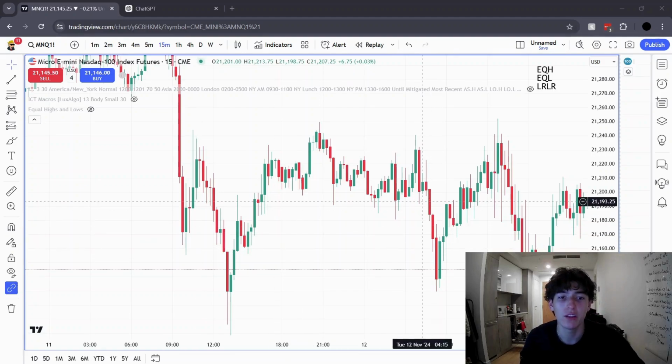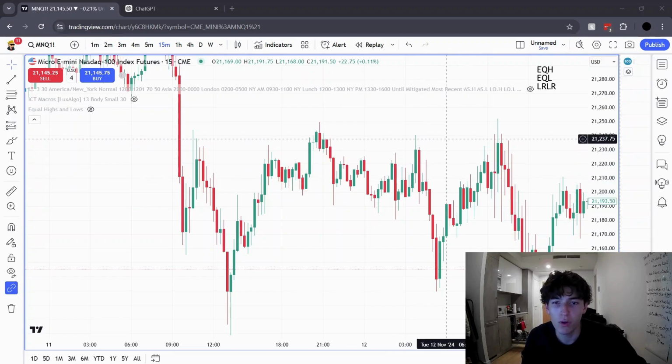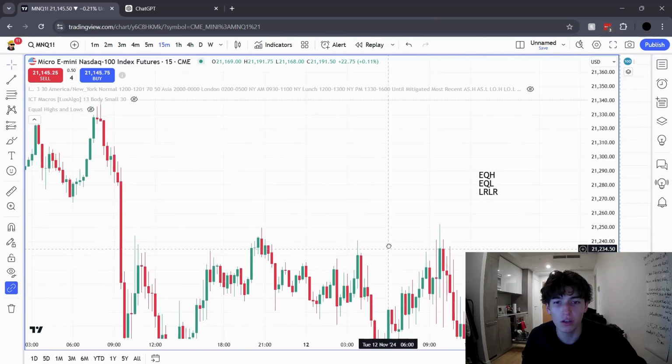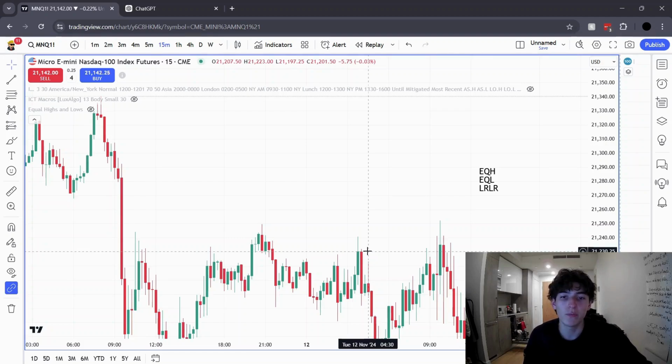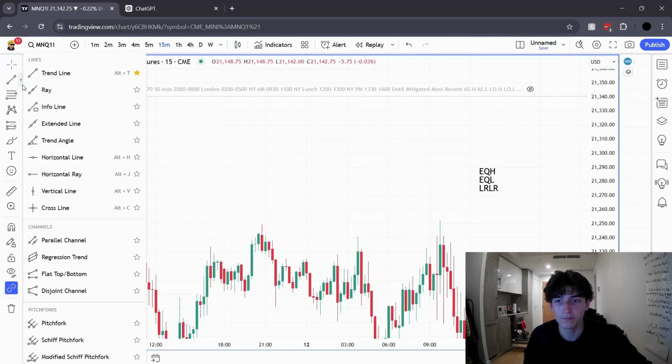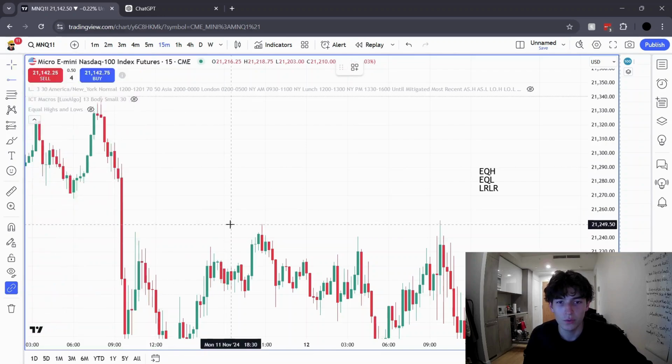Now, liquidity can get a bit confusing to fully understand, and that's why I recommend you just focus on looking for equal highs, equal lows, and also relative equal highs, relative equal lows, which is the same thing I was talking about, but it could be off by a little bit. So I'd say these two are relative equal highs because they're not at the exact same point, but they're close enough.